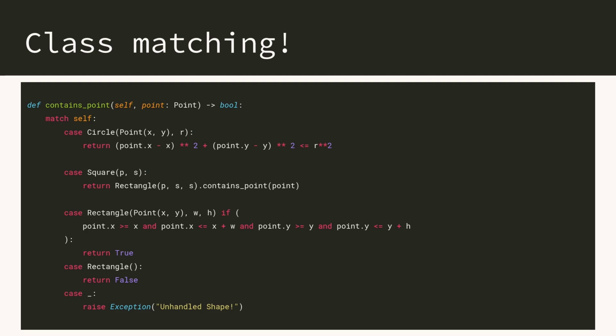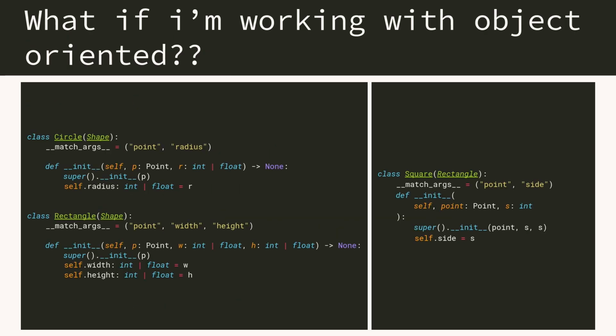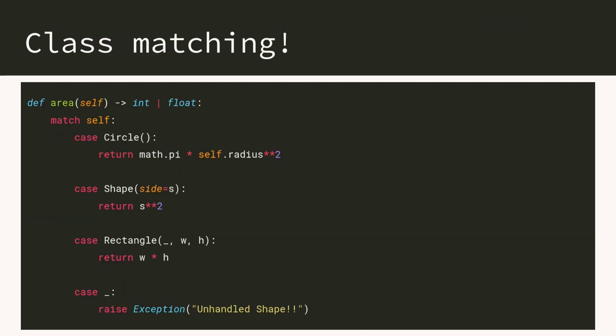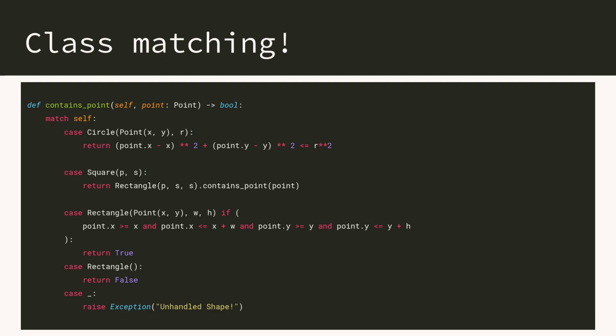What this can show off is the circle match takes in a point and a radius, as we define up here, using the positional translation to the keyword attribute. We can check the point inside and capture the x and y attributes of the point inside the match. I don't think I'm explaining that very well.